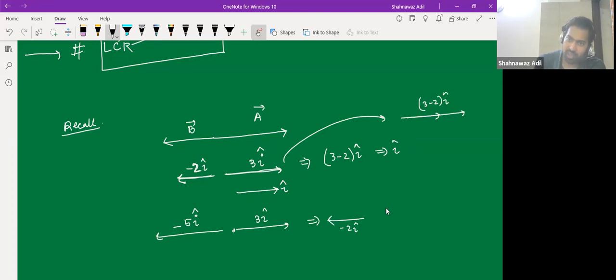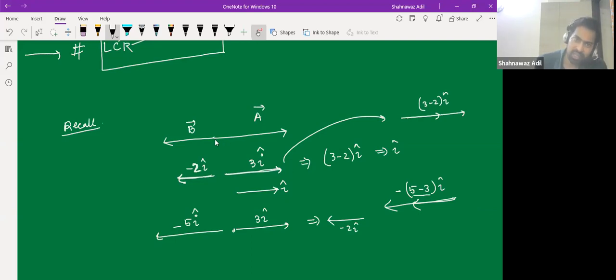In this case, my resultant was 5 minus 3 and minus i hat, right? So whichever is the greater value, the sign will depend upon that.